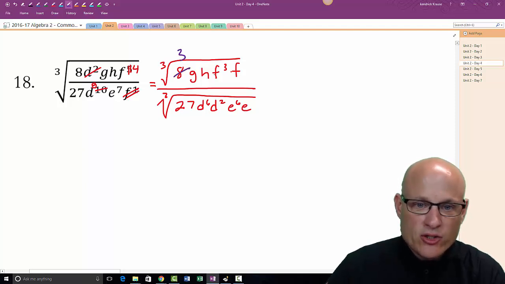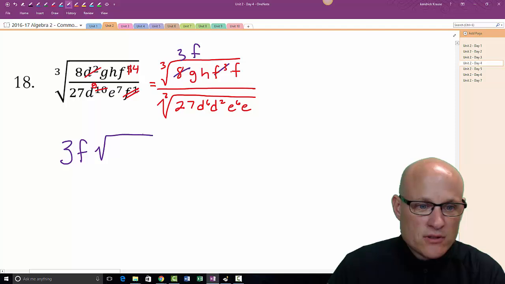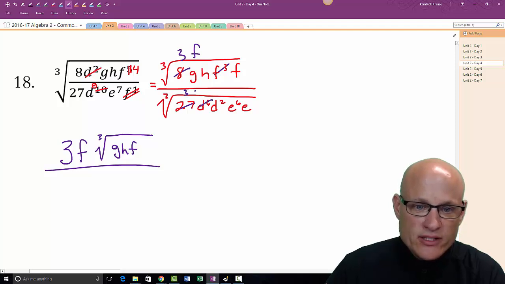All right, so in the numerator, I end up with, let's see, the cube root of that is 3, and the cube root of that is f. So the numerator is 3f cube roots of GHF. And the denominator, cube root of that is 3. The cube root of that is d squared. And the cube root of that is e squared.